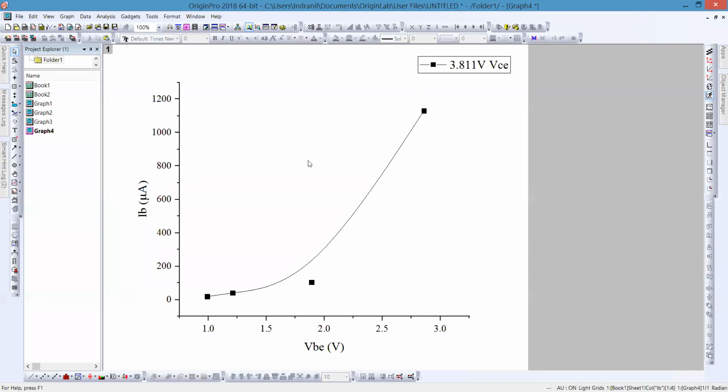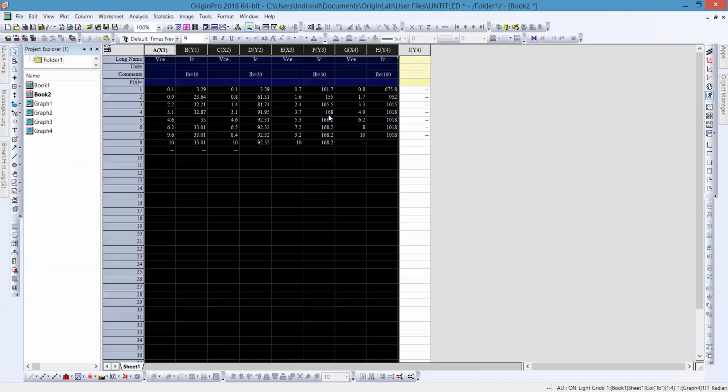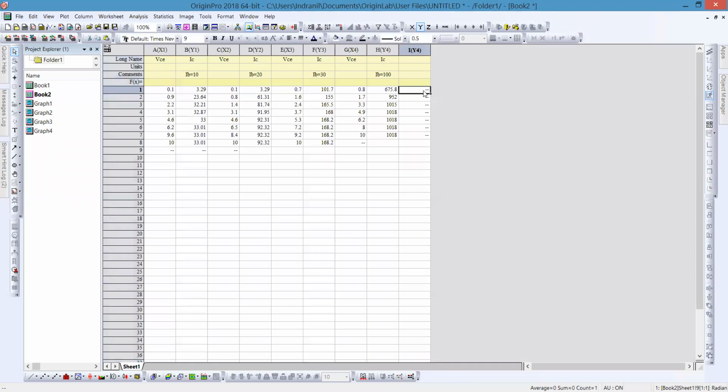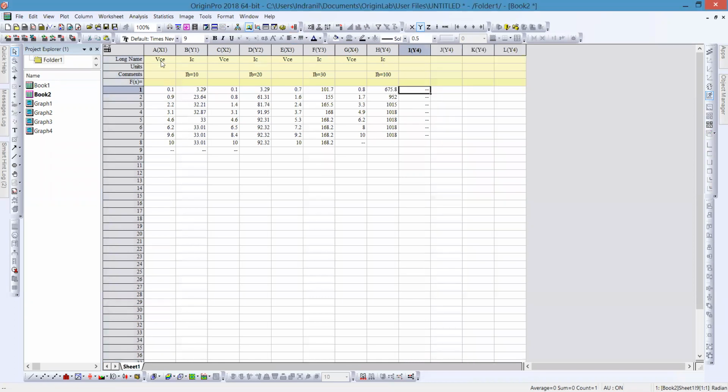Okay, now let's take VCE and IC. In this case, we have to take a different value, means for IB in microamps we'll consider a fixed value.